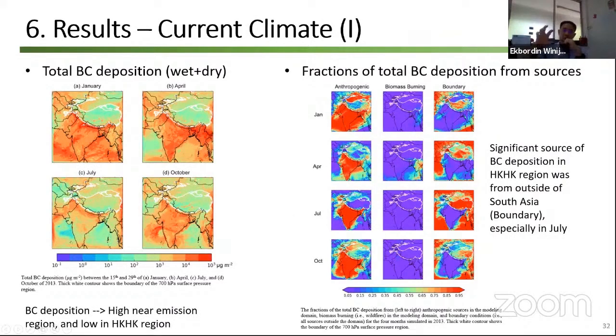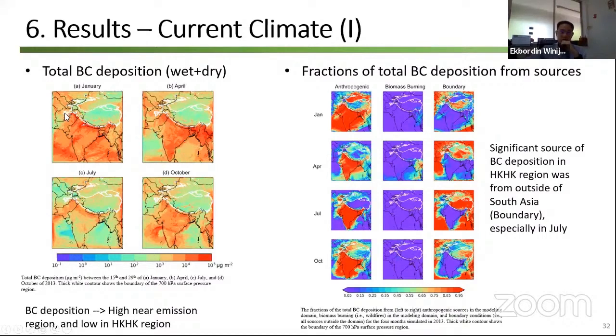Okay, after we compare the result with the observation, we run the model for the case of the 2013 input emission inventory, and then we study the result. This is the result of BC deposition in terms of micrograms of BC per square meter.